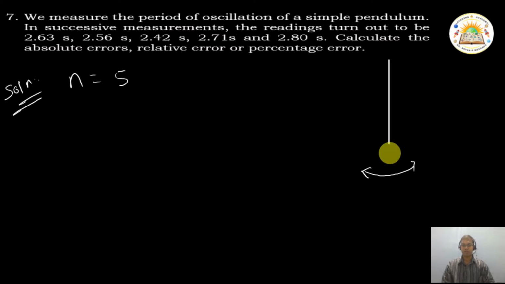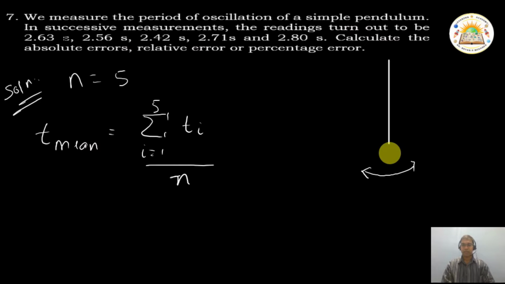So n is equal to 5. And we need to calculate the absolute error. So in order to calculate the absolute error, we can start by taking the mean time. So T mean will be nothing but summation i is equal to 1 to 5 Ti by n.